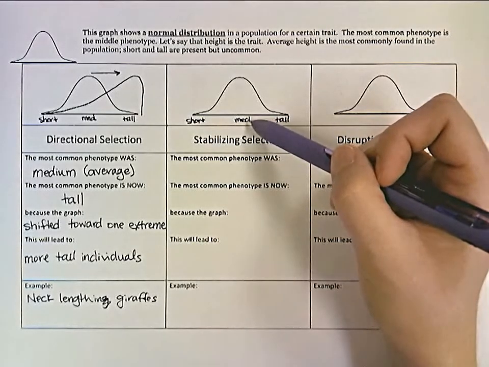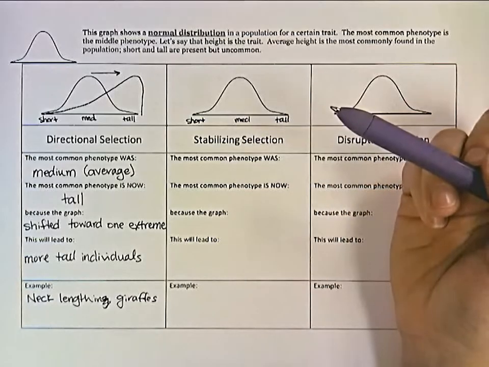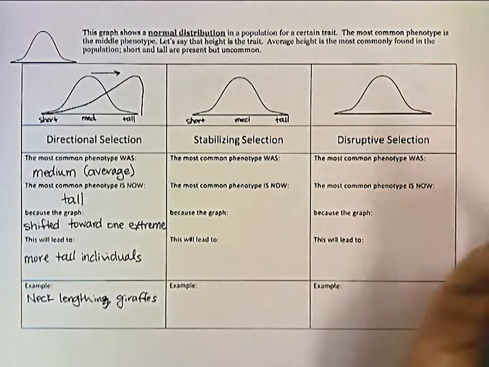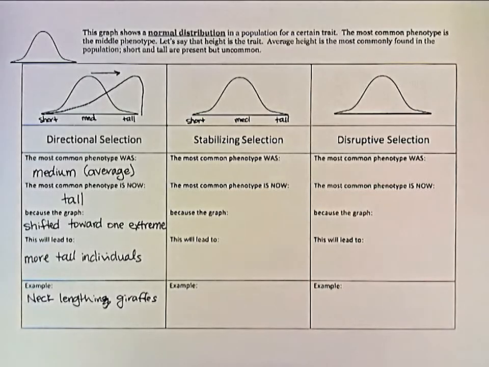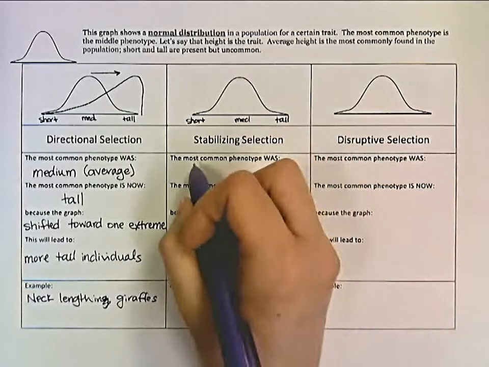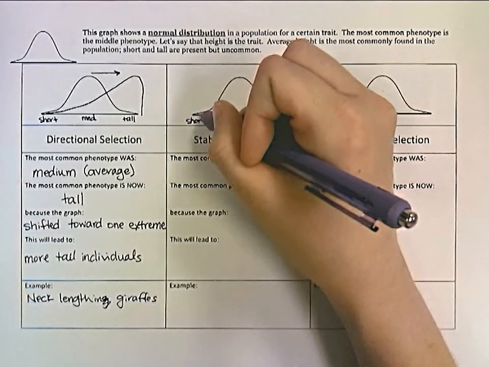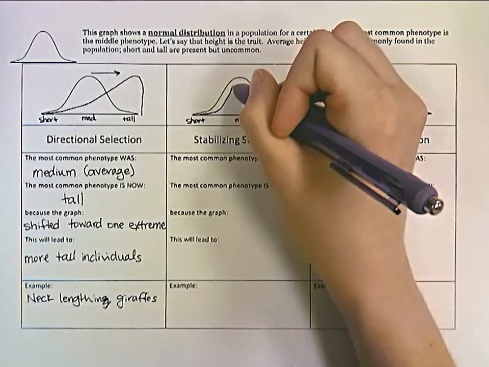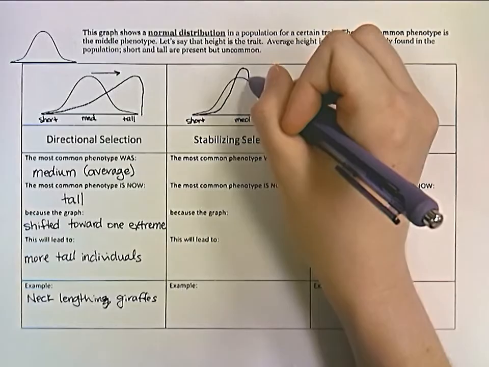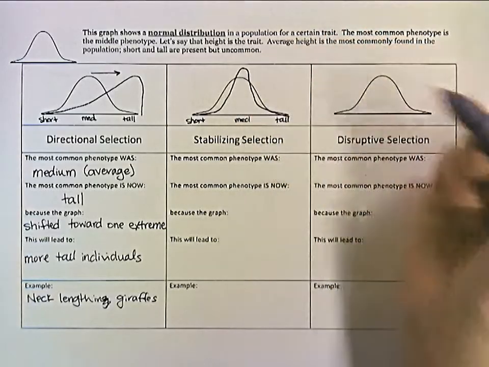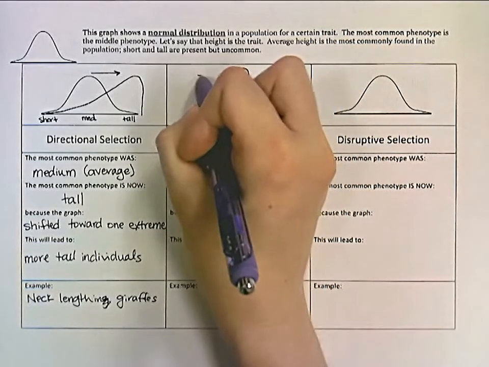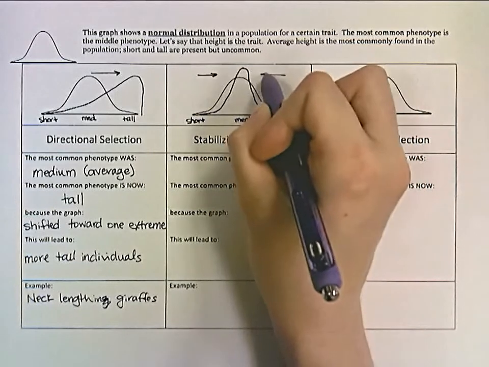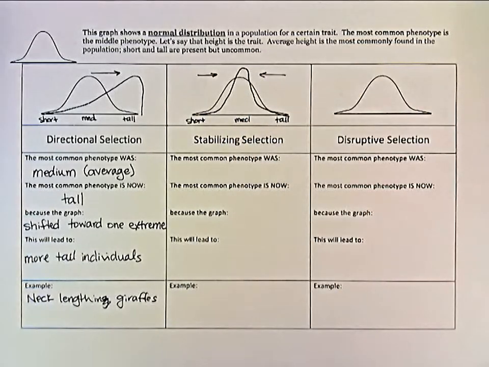So if medium individuals are better able to survive, then they're going to continue to be the most common phenotype. So what we're going to see is that this graph is going to narrow, and we're going to have the highest point over our medium individuals. So this graph is going to move in towards that average phenotype.